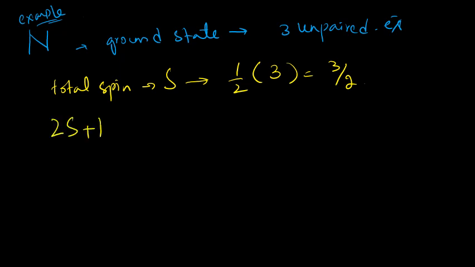Multiplicity equals 2S plus 1, so 2 times 3/2 plus 1 equals 4. So the ground state of nitrogen, which has 3 unpaired electrons, has a multiplicity of 4 and a total spin of 3/2.